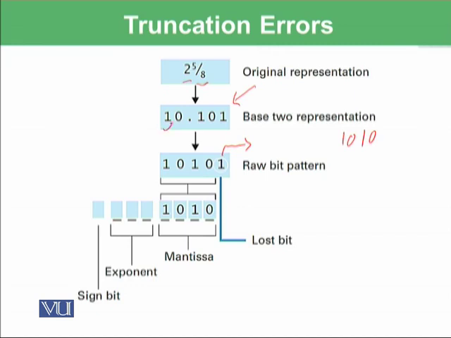So this can be stored, this can be stored, this can be stored, this can be stored, but this one is going outside. So this would be the lost bit. If such a condition occurs, we say that this is a truncation error. Our mantissa field is not enough to store the required data.